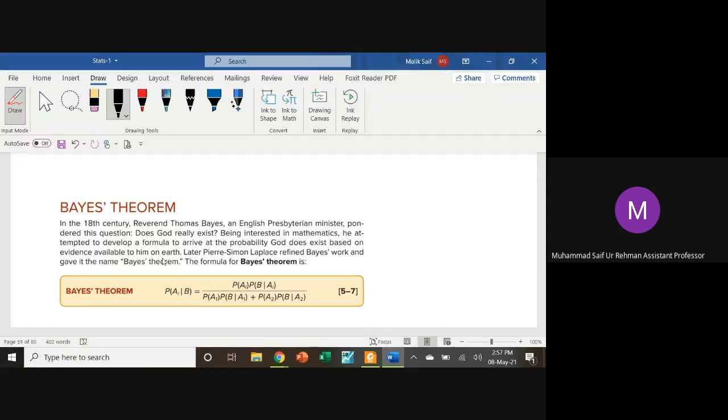He was just thinking that there are so many things on earth available. So can we use those to have the confirmation regarding the existence of God? You can say empirically. So he tried this, but unfortunately he died and remained unable to prove this.